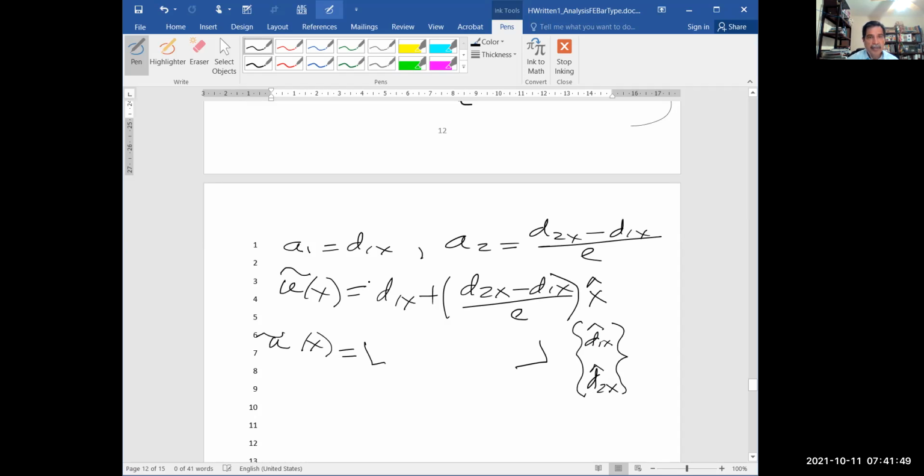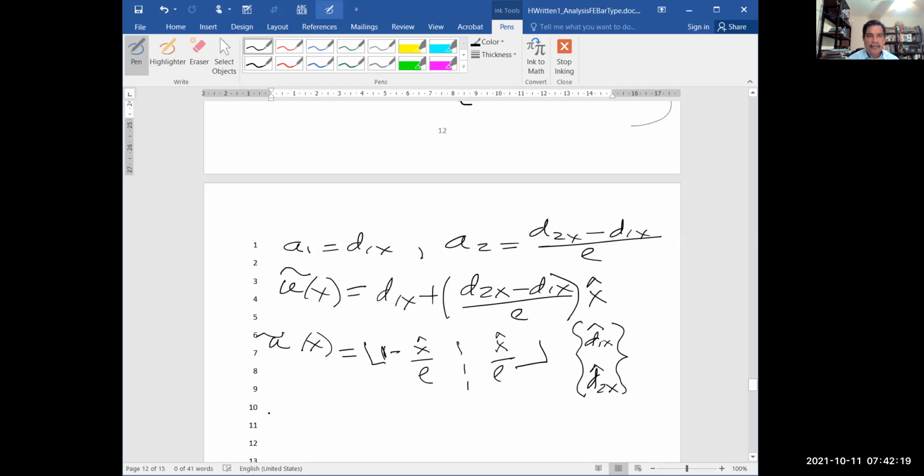So what is multiplied by D1 here? I found it here, so it is 1. And I have it here also, so I have minus x divided by L. So I multiply this times that, I have this and that. And D2 is multiplied by x over L, so I have x over L.